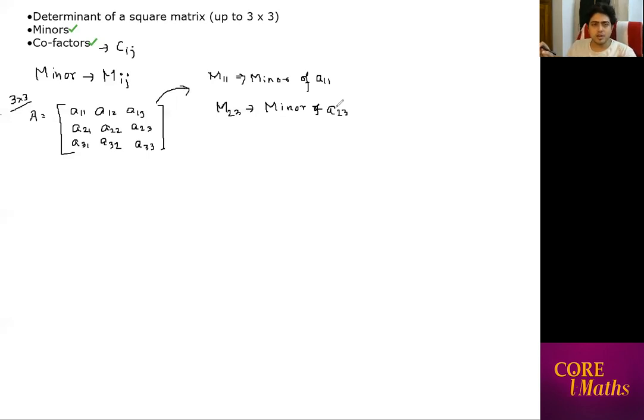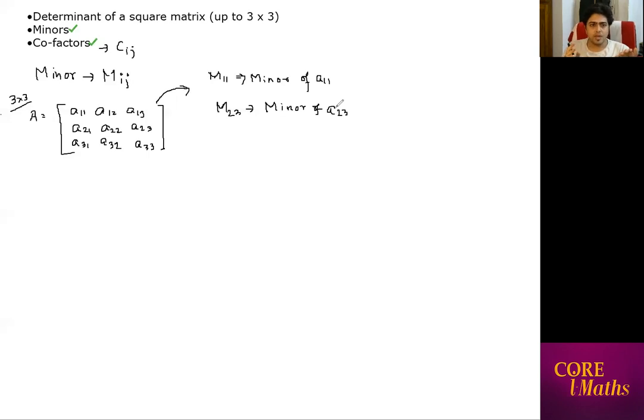Similarly, for a 3 cross 3 order square matrix, when we try to find the determinant value, first we have to know what the minor is, and for every element we find the minor value. Its order will be one less than the original determinant.